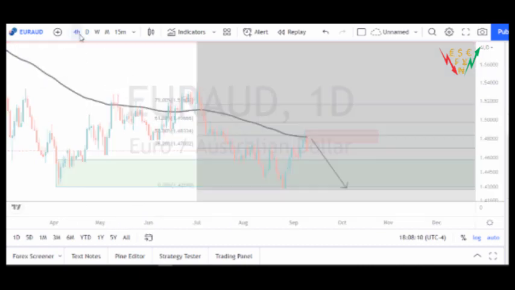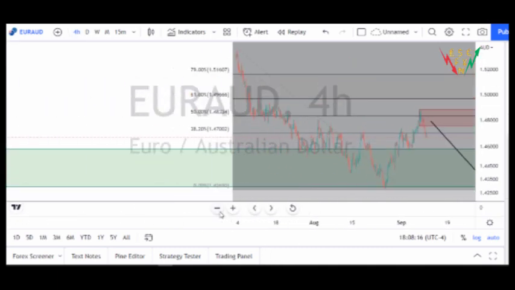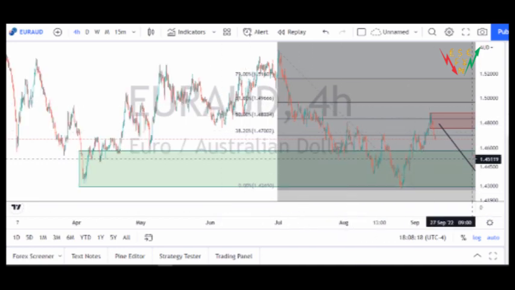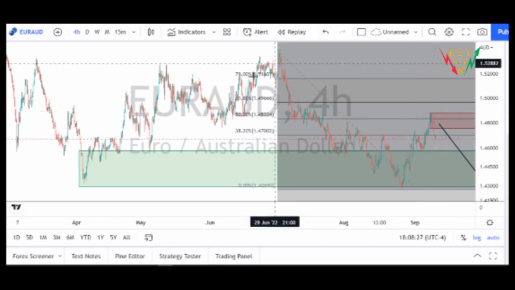If we go down to the 4-hour time frame, what we've done so far, we have a very clean bearish scenario for the Euro Aud right here. So guys, without wasting much of your time, we've established a sentimental analysis very simply.